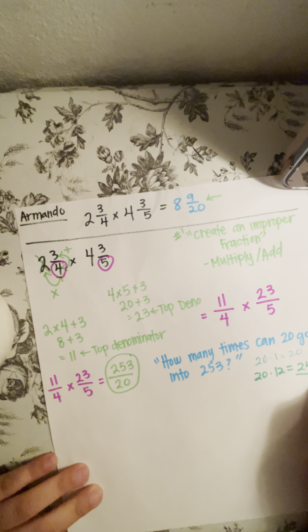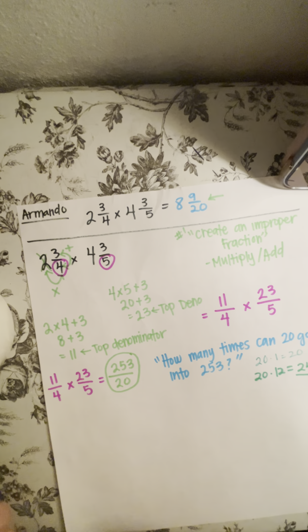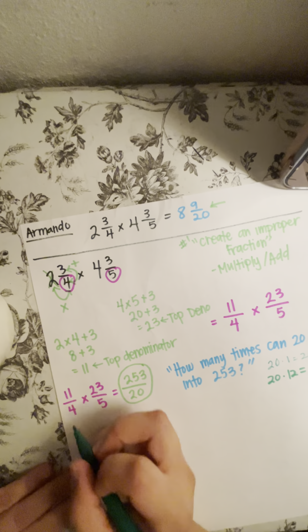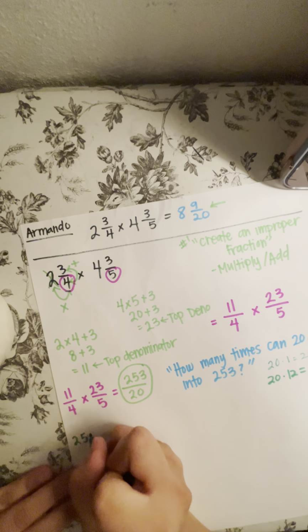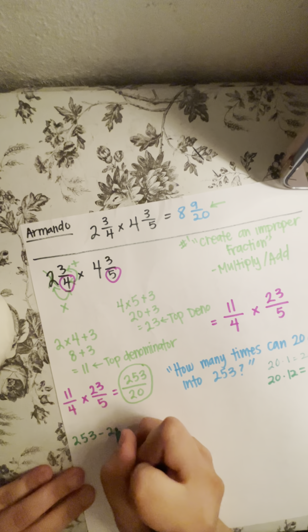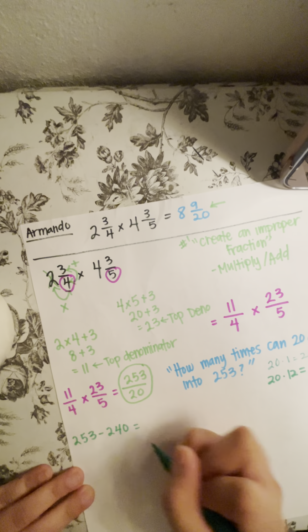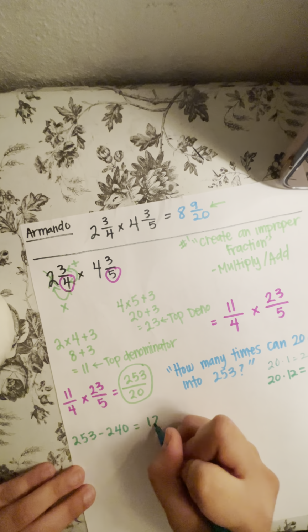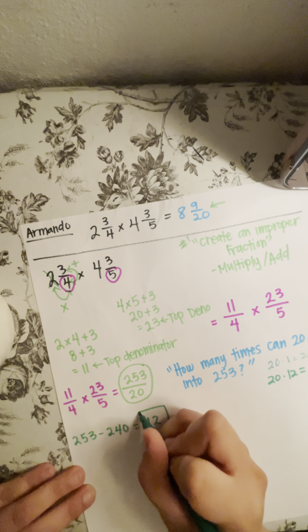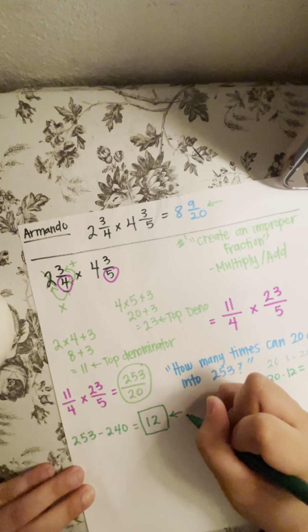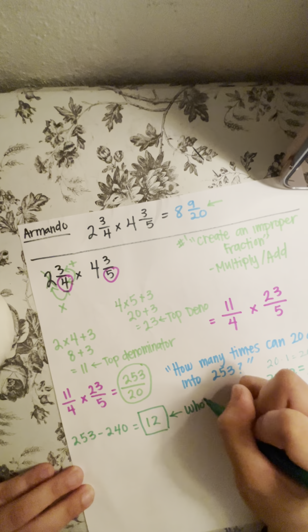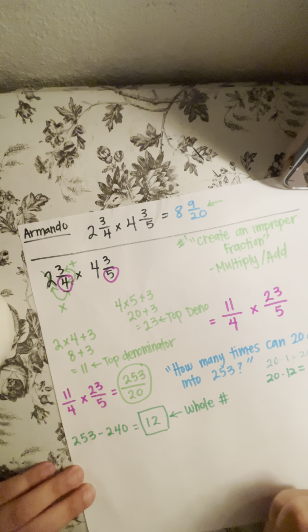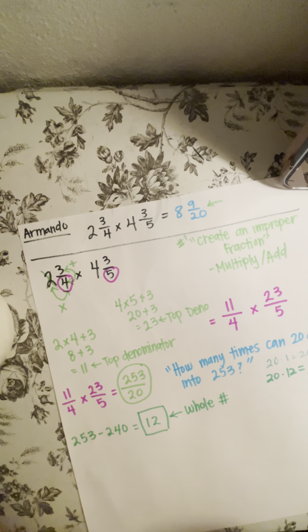Now this time we're going to plug it into 253 by subtracting, okay? So let's do it over here. 253 subtract 240. How much would that be? 12. Good job. Now let's box this one because you found the whole number. So remember, the whole number is the front number. You did a really good job.